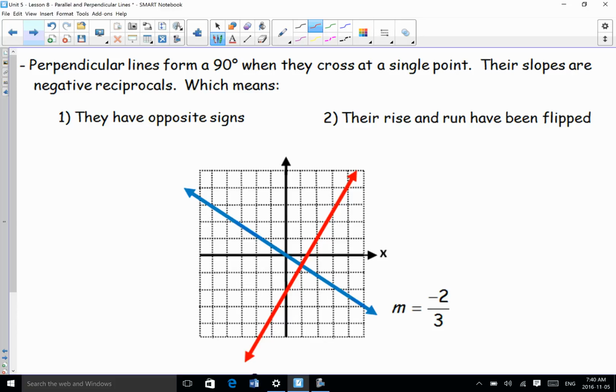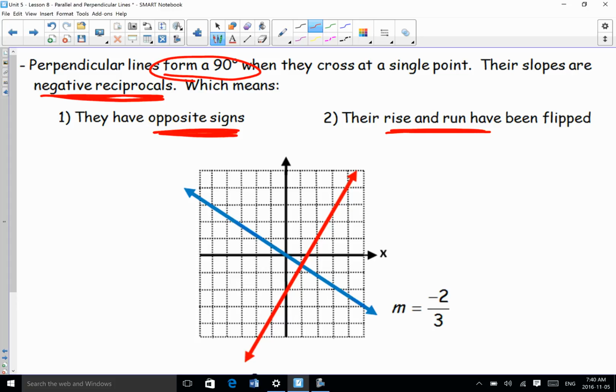Perpendicular lines are sort of the complete opposite. When perpendicular lines cross, they form a 90-degree angle. And what that means is their slopes are negative reciprocals. So if I look at two lines and examine their slopes, and I've been told they're perpendicular, that means the slopes have to have opposite signs and the rise and run have been flipped.